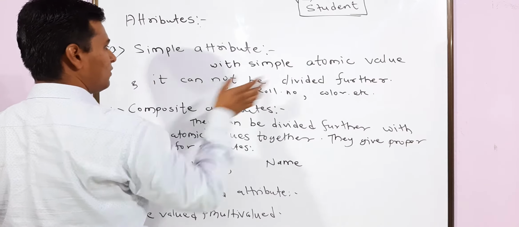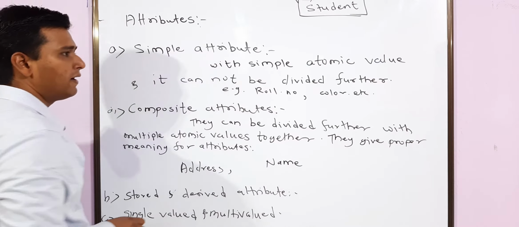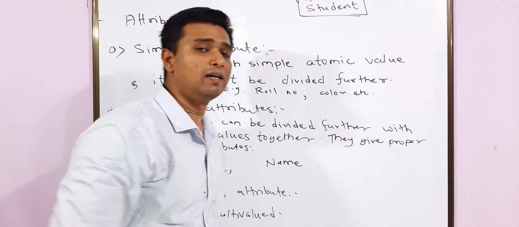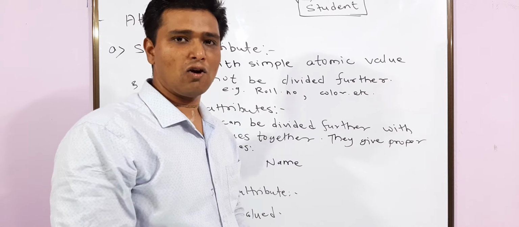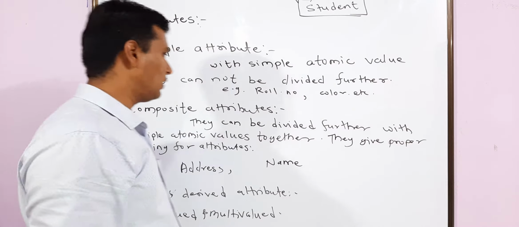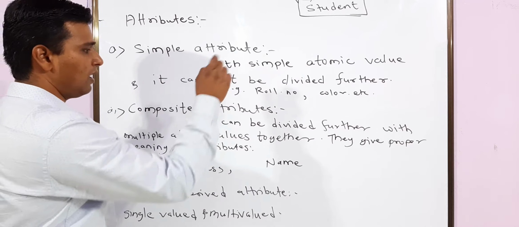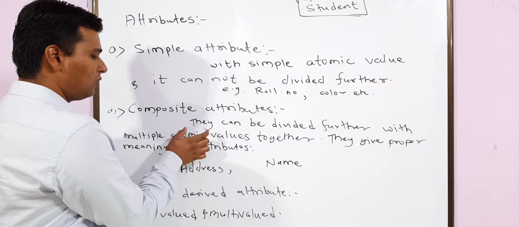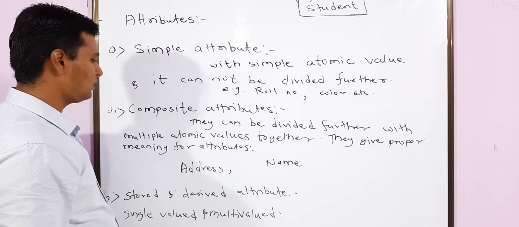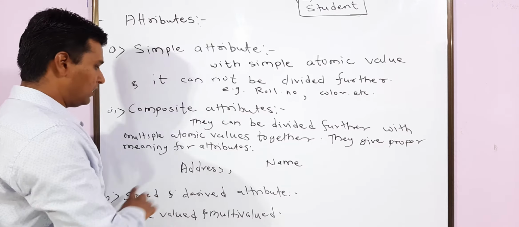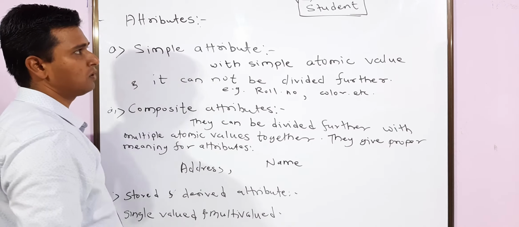Now let's understand what a simple attribute is. A simple attribute has an atomic value that cannot be divided further, like roll number or color. Those attributes are called simple attributes. Next is the composite attribute. As we have studied, they can be divided further into multiple atomic values, which together give proper meaning to the attribute.